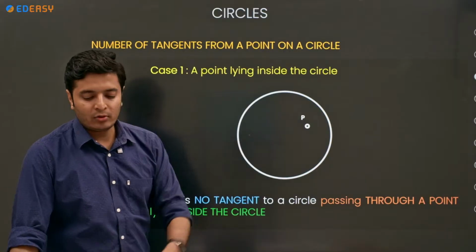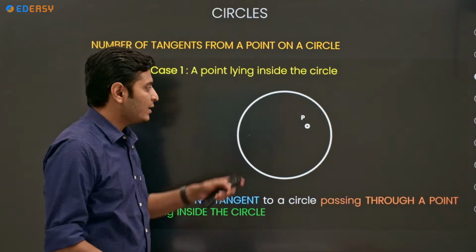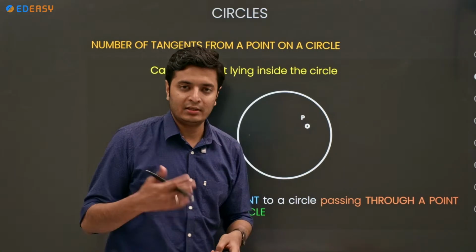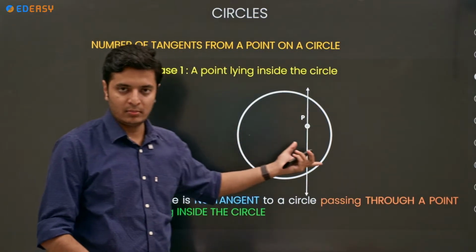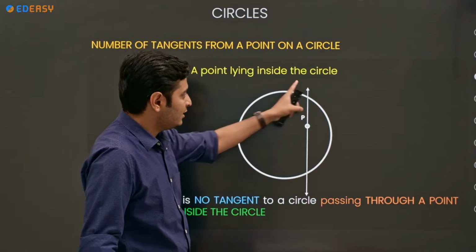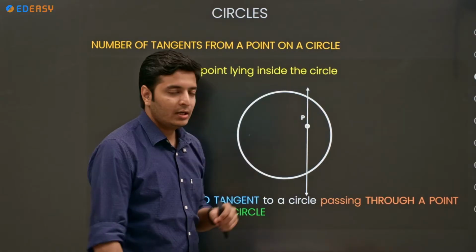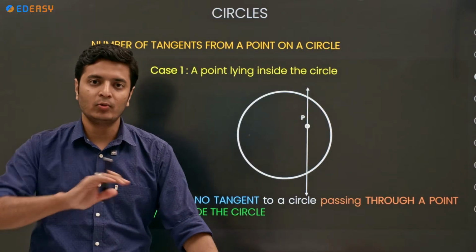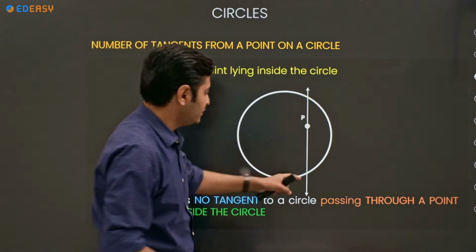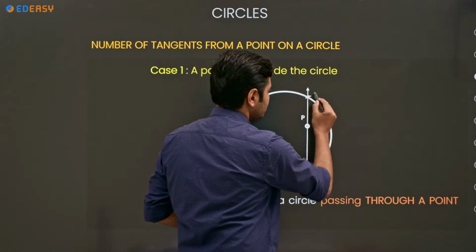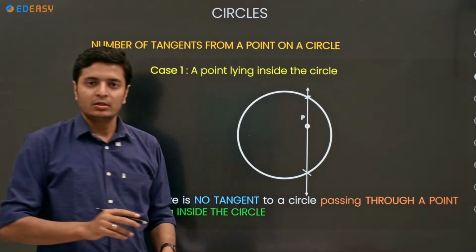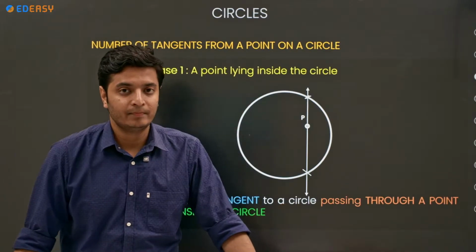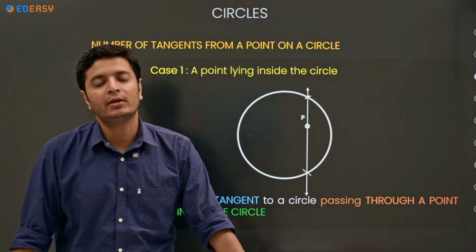Suppose I try to draw a line which is passing through this point, then it will look something like this, correct? Now look at this line and the circle. At how many points are they meeting each other? Two. There are 2 points of intersection, this one and this one, correct? So can we call it a tangent? No, we cannot call it a tangent.